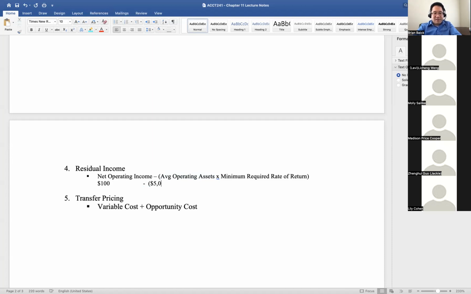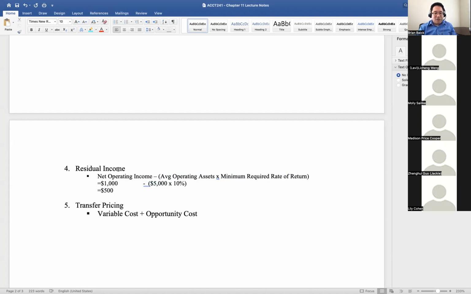Well, I have $5,000 worth of assets, and I need to make at least 10% return. Let's pretend minimum rate of return, 10%. In this case, let's make this 1,000 so the number's positive. In this case, the answer would be $500.